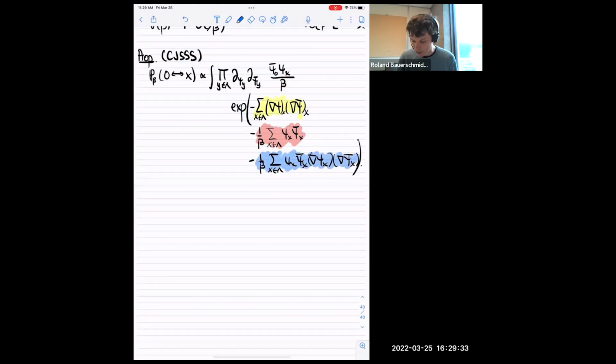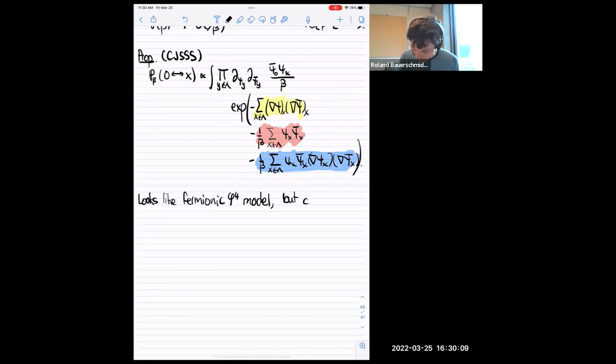It's a quartic interaction term, and it basically looks like a fermionic version of the phi-4 model, with the change that the phi-4 is not a phi-4, but it's two of the phi factors with an extra gradient in them.